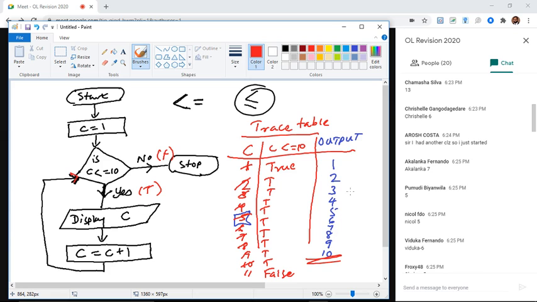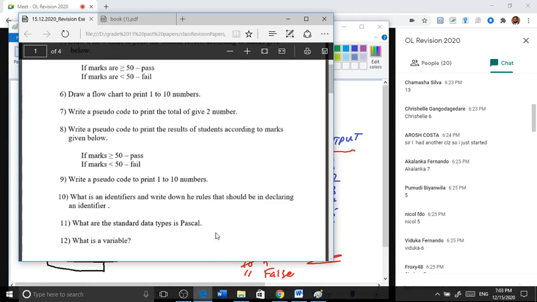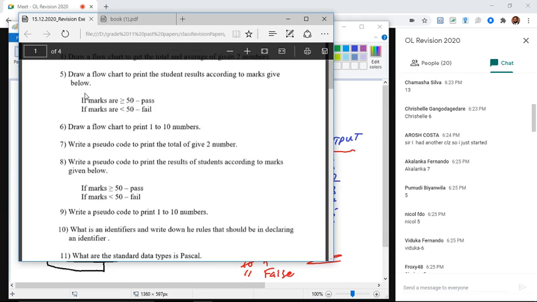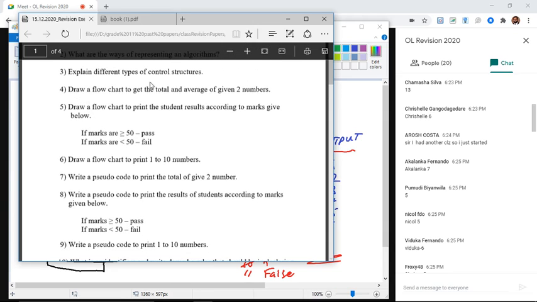So with these questions, they have refreshed your knowledge about the programming concept. What are the programming concepts we have learned here? The control structures, sequence, selection, and the repetition. Okay, so here with these three questions they have asked, draw a flow chart to get the total number.